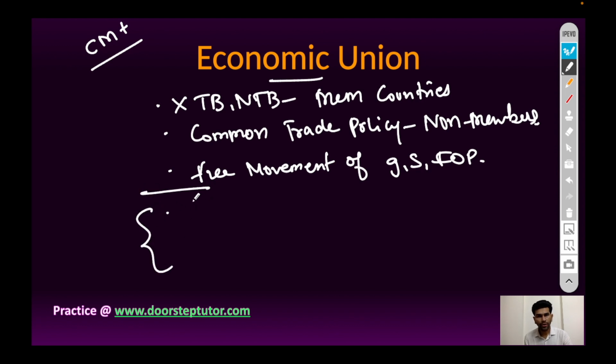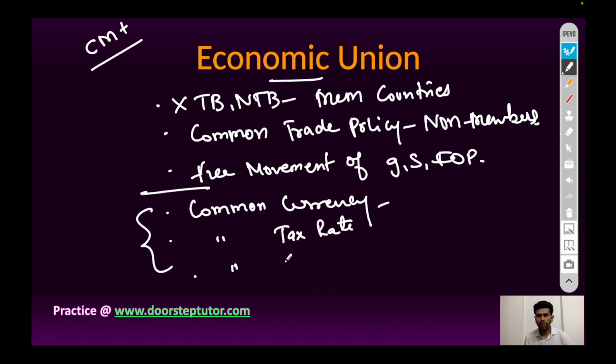It also includes common currency, the most important feature of economic union, common currency for all the member countries, common tax rate, and all the policies such as monetary policy and fiscal policy.